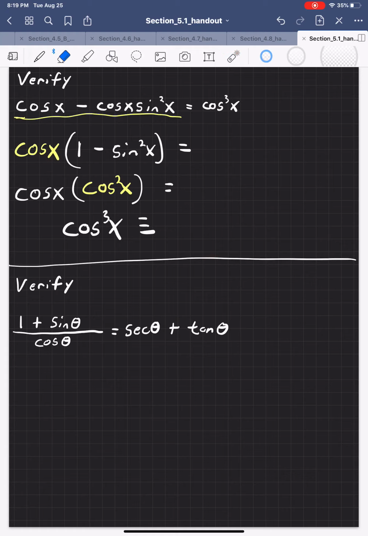So the goal is to make the left side of the equation look like the right side of the equation. Let's start. We're looking at this left side of the equation. There are no identities to use. There's nothing to factor. Everything is already in terms of sines and cosines, and there are no fractions to combine.